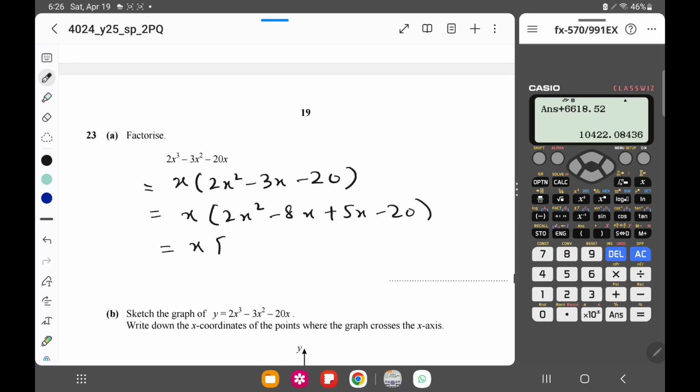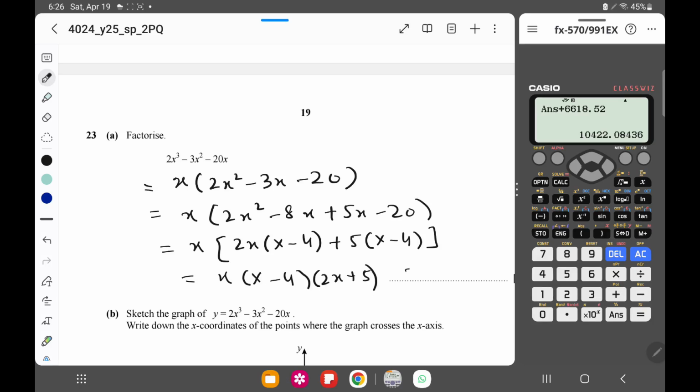Then take common 2x, x minus 4, plus 5, x minus 4. Then x common, x minus 4 and 2x plus 5. That is our answer.